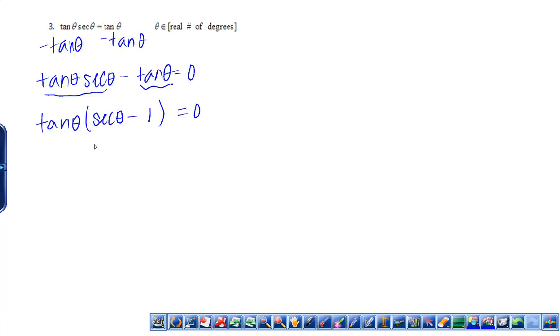Okay, the nice thing about this, I can now take each part of this and set it equal to 0 and solve. So I'm going to split this up, leaving me with tangent theta. This reminds me of working with quadratics back in algebra. So tangent theta is equal to 0, and I'm going to come over here and say secant theta minus 1 is equal to 0.